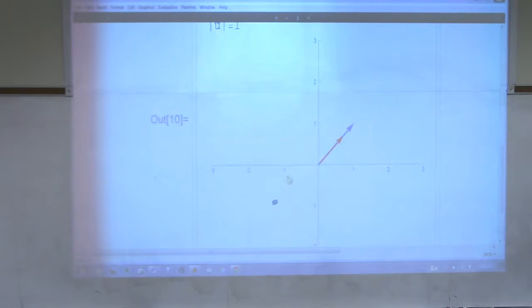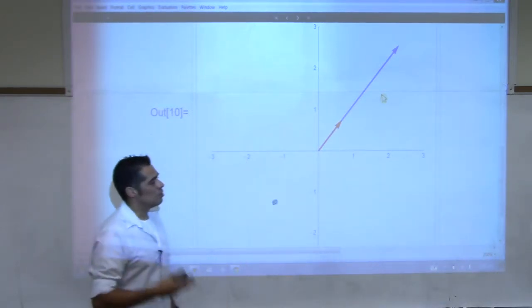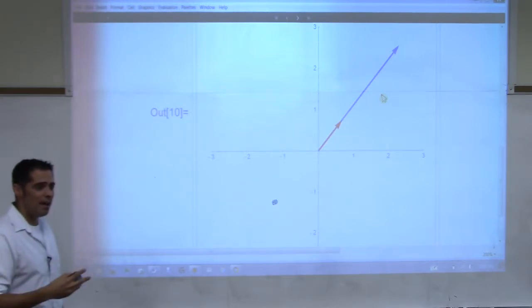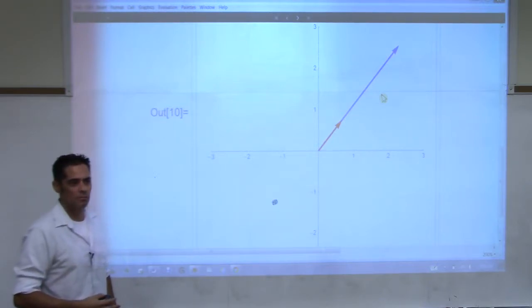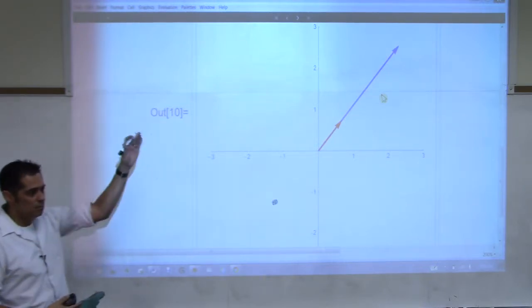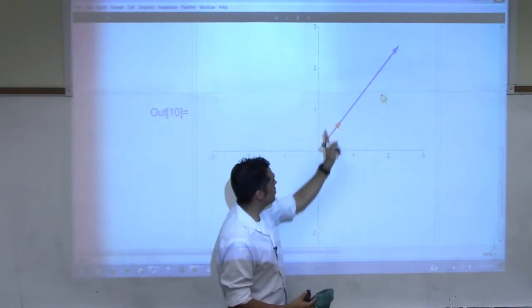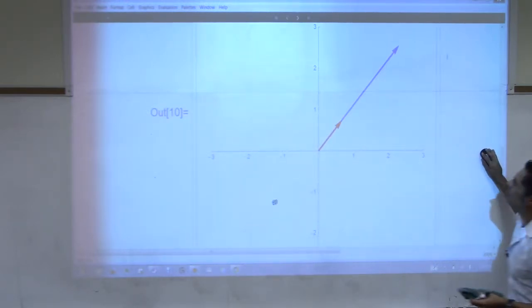So would you agree that if I give you a vector, which is the blue one, that blue vector has a length and it has a direction. Yes? Do you agree with this statement? I can always find a unit vector pointed in the same direction. So if I give you a vector, I should be able to come up with a vector that points in the exact same direction but has a length of 1. I mean, it should exist.